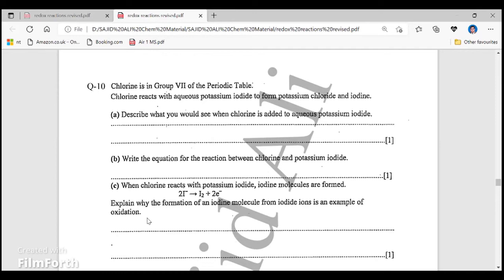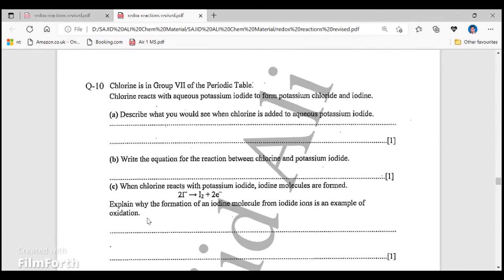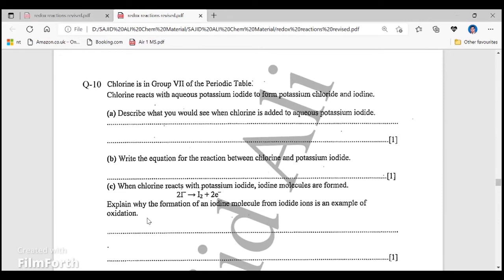Mariam, read this question once again and try to answer, please. What you would see, what you would observe, is that during this reaction, potassium iodide solution will turn from colorless to brown.